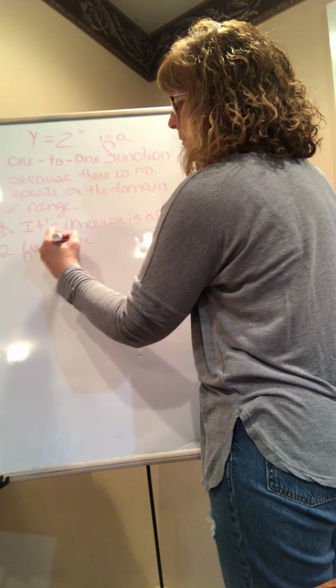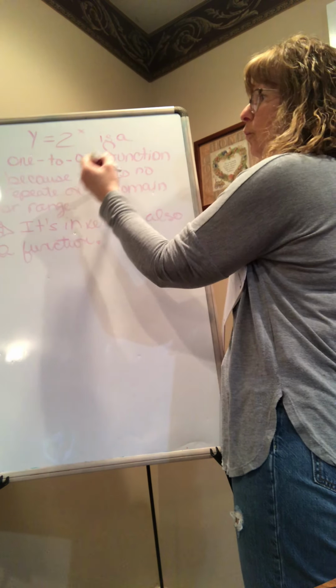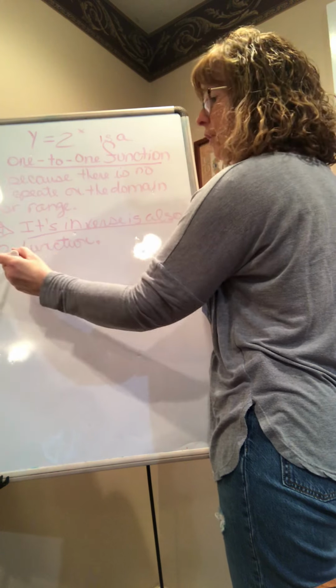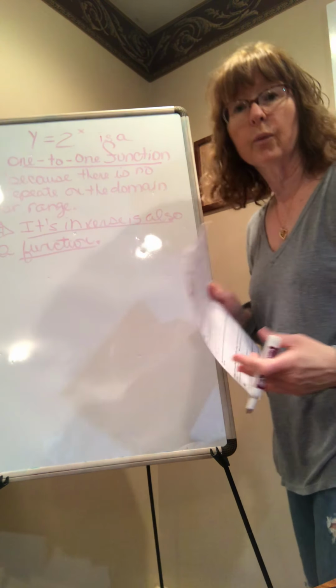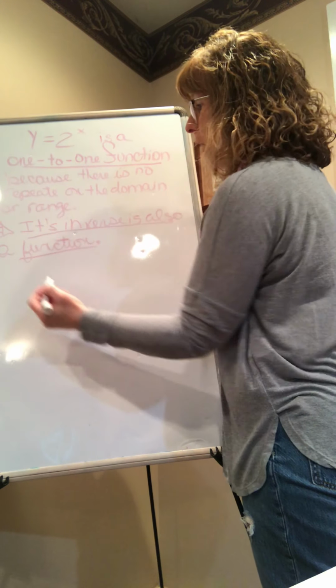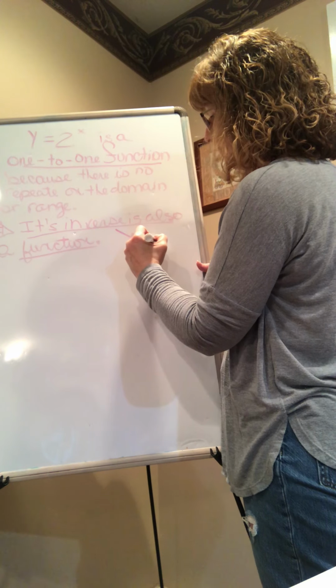So this was a really big deal when we did chapter 4. So if a function is one-to-one, then its inverse is also a function. Now remember, when we do the inverse is when we switch x and y.